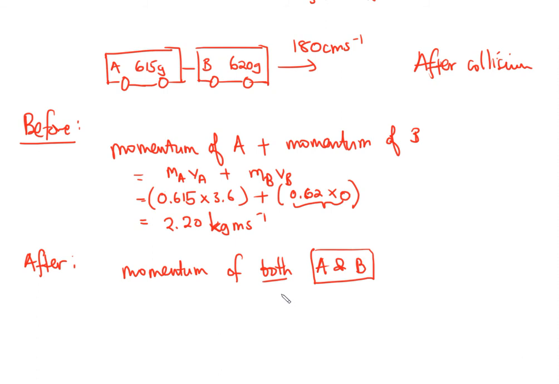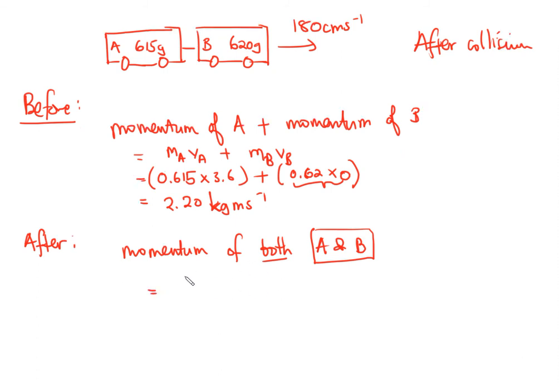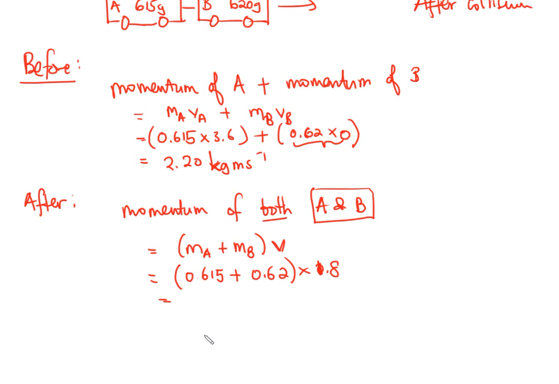So this is equal to mass of A plus mass of B times the velocity. Both of them are moving now. So this is equal to mass of A, which is 0.615, plus mass of B, 0.62, times velocity, which is 1.8. And when you do the calculation, what you actually find is this is 2.20 kg meters per second.